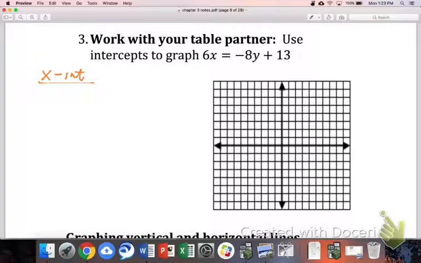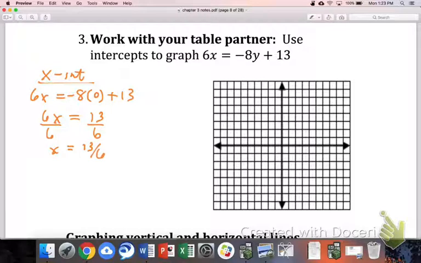So it's going to be 6x equals -8 times 0 plus 13. Anything times 0 is 0, so I end up with 6x is equal to 13. To finish this out, I need to divide both sides by 6. And so my x-intercept is going to be 13/6, comma 0.